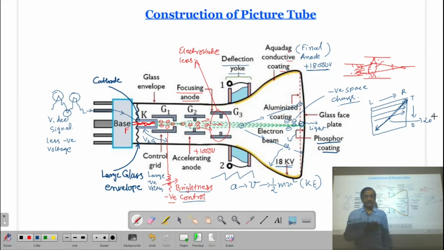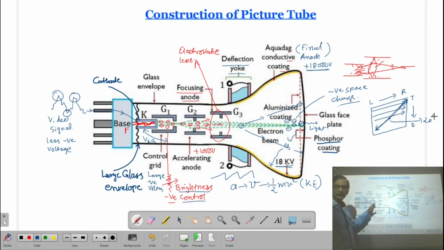Now this picture tube is producing a black and white picture. It is known as the monochrome picture tube. But if you want color, then the color picture tube has a different construction.